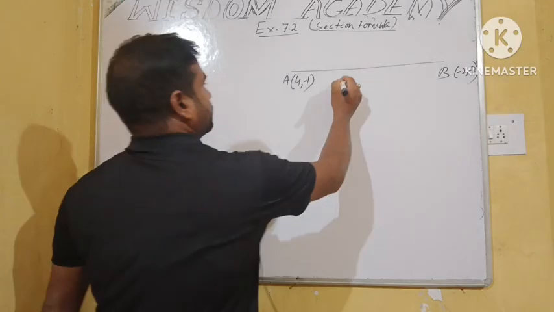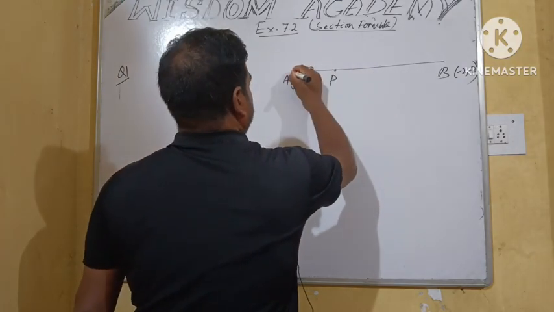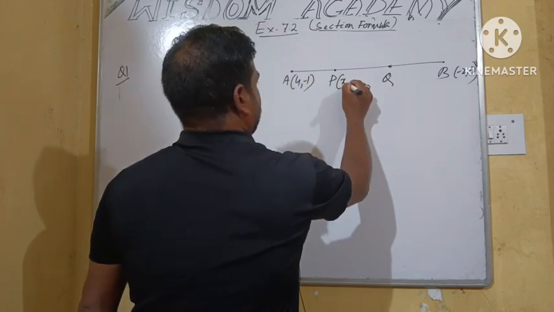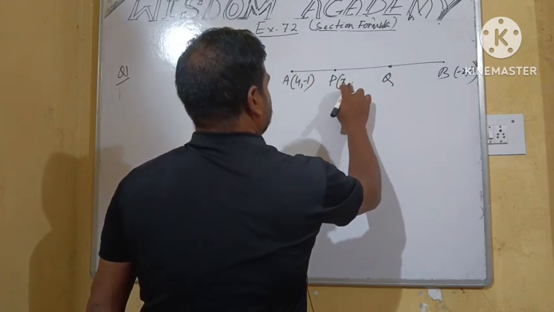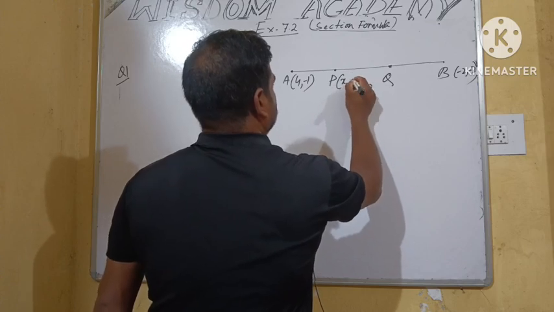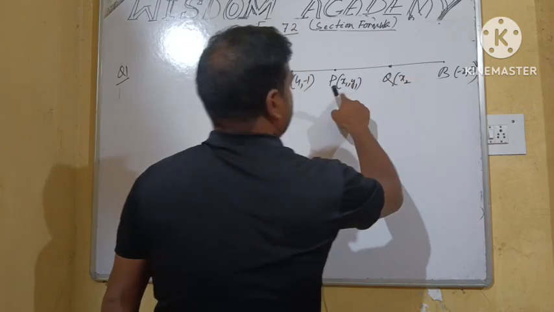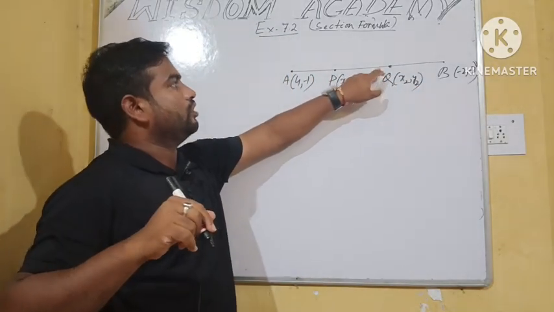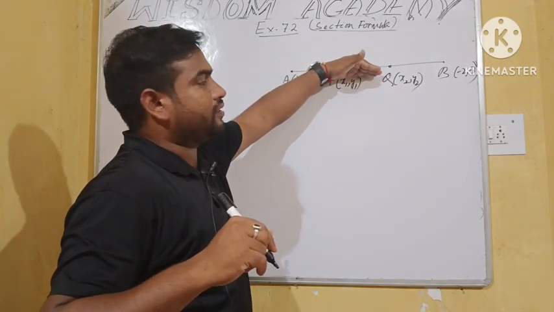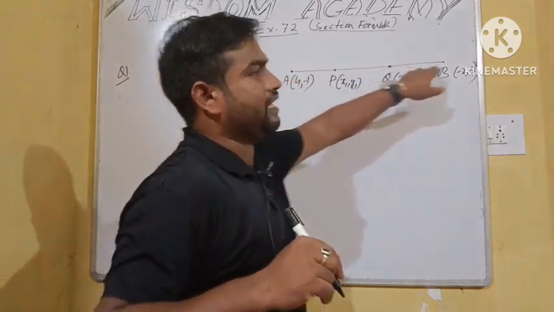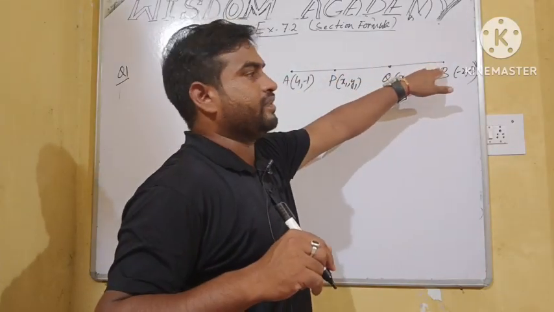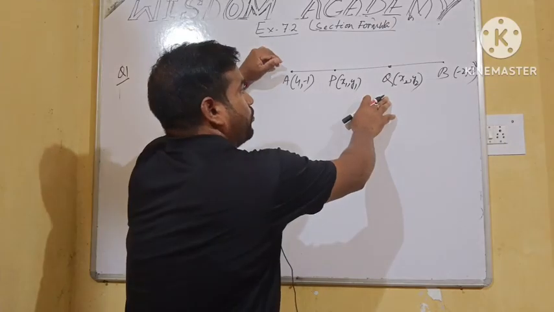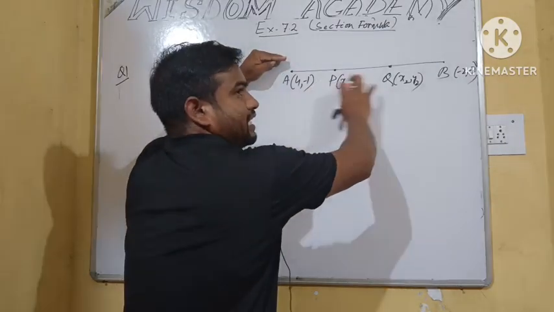Suppose P and Q are the points of trisection on the line segment AB. P(x1, y1) and Q(x2, y2) are the 2 points which trisect this line segment.